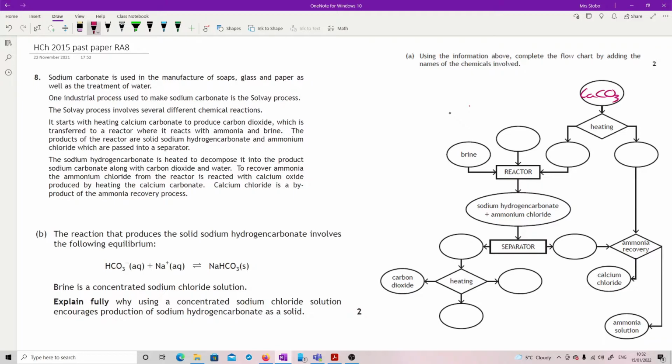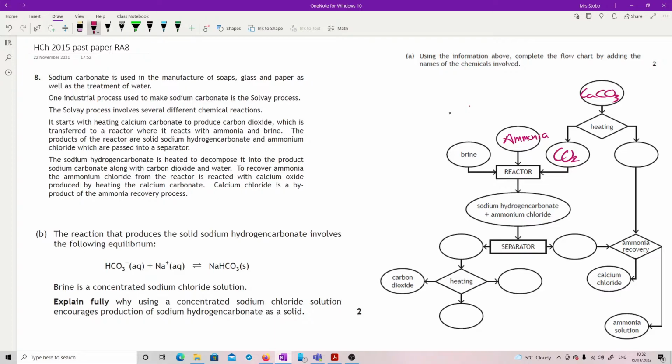Okay, so we've got heating produces our carbon dioxide, which is transferred to the reactor where it reacts with ammonia, which must be up here, and brine. The products of the reactor are solid sodium hydrogen carbonate and ammonium chloride, which are passed into a separator.